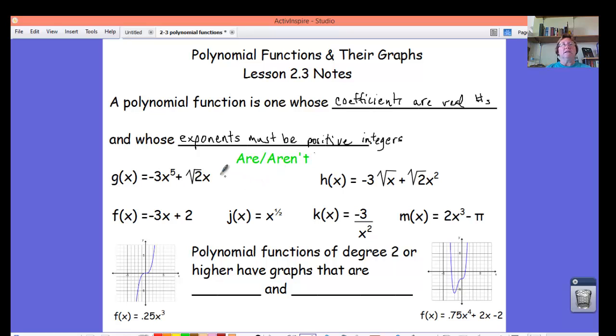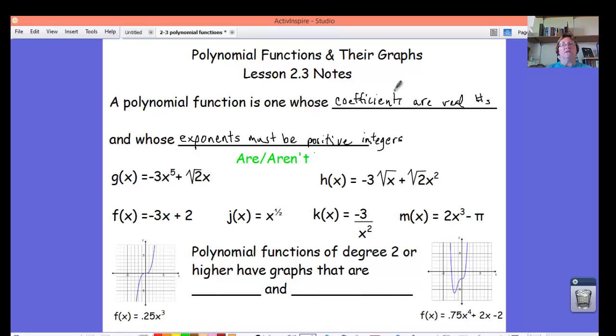And with that in mind, I have 6 functions that I'd like you to take a quick look at. I'll look at the first one with you, and we're going to decide if they are or aren't polynomial functions. The g function that's shown here, one coefficient is -3, which is a real number. The other coefficient is square root of 2, which is also a real number.